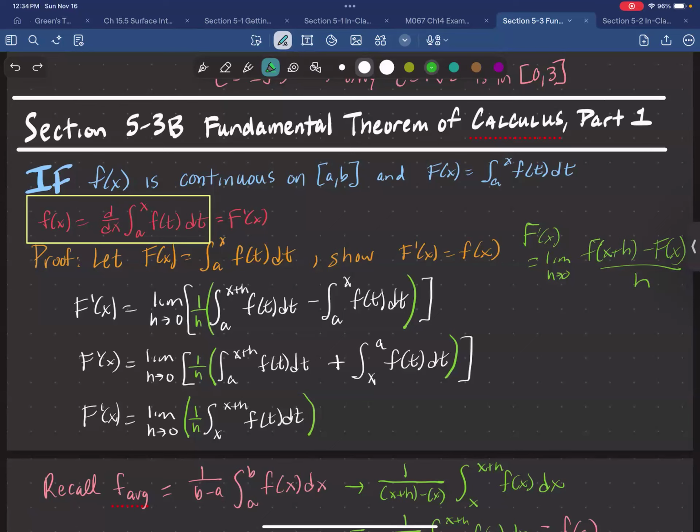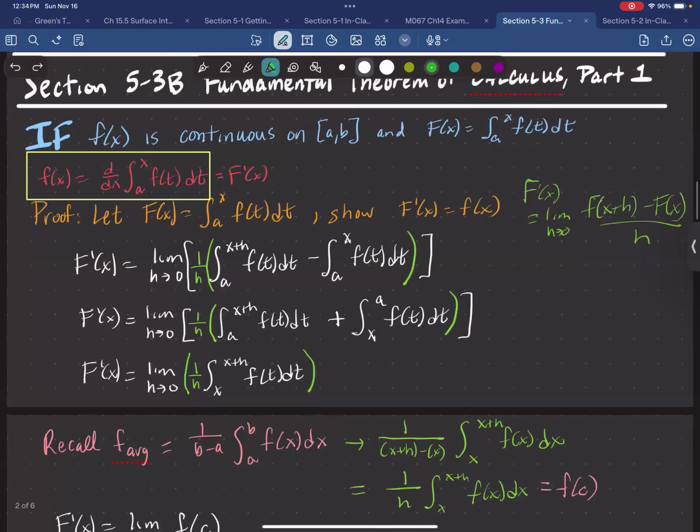Recall f average: we had 1 over b minus a times the integral from a to b of f of x dx. We're going to apply that here. My b here is that, and my a is that, so when I do b minus a, I get 1 over h. And there must be an f of c.